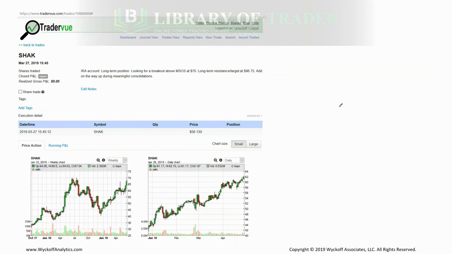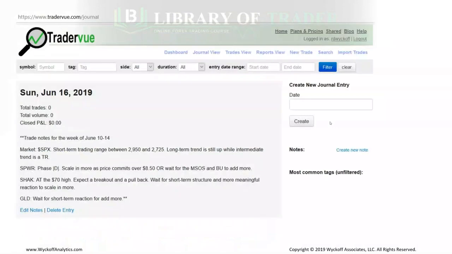That's why it's so valuable, coming back to that trade and revisiting the notes: what was the thinking? Then you could have more of the analysis that you could put as a journal, as a note here.